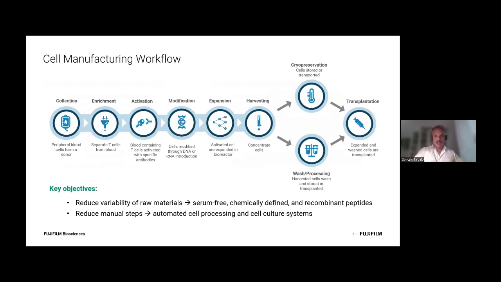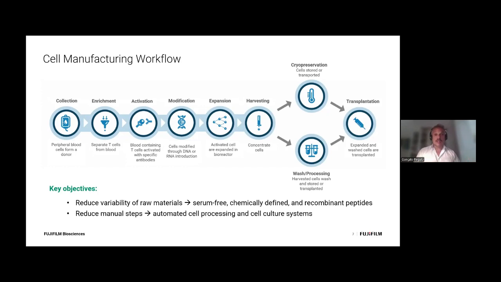So when we look at all these processes, we have to think about how do we keep this process under control from the start? How can we maximize the outcomes by working with the different process steps?